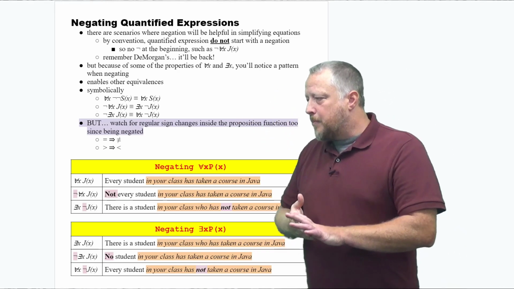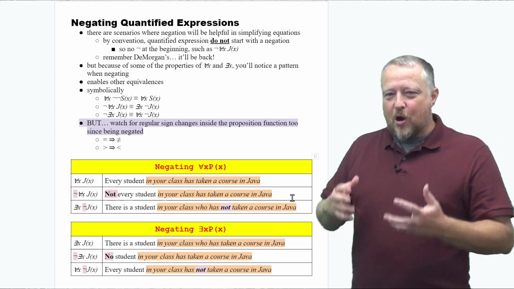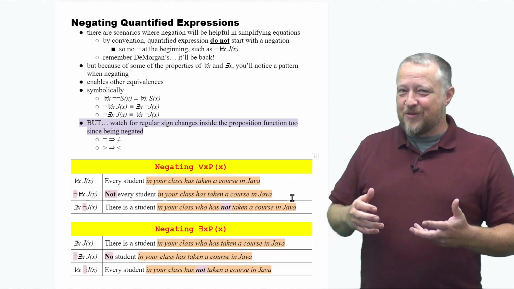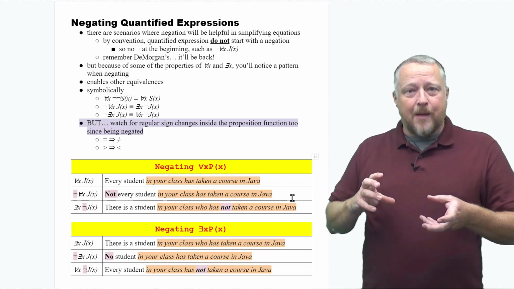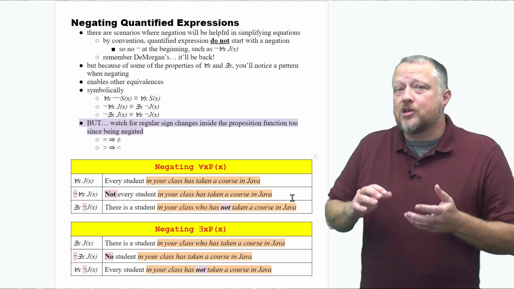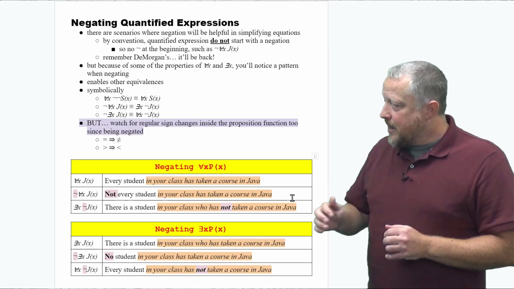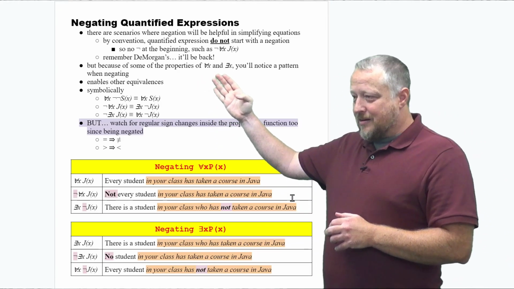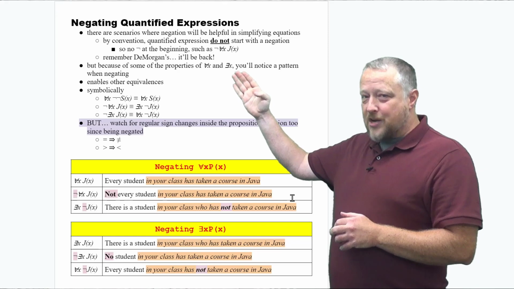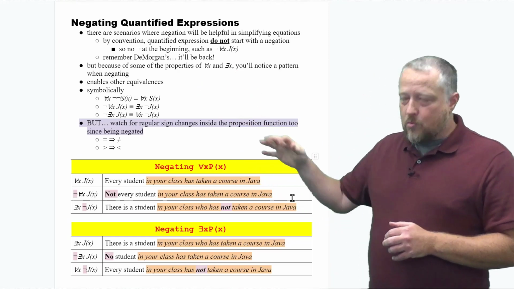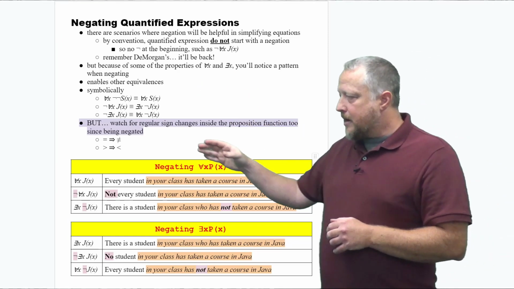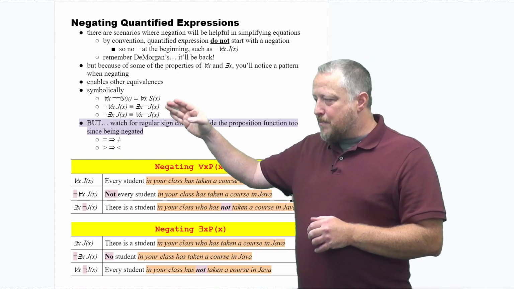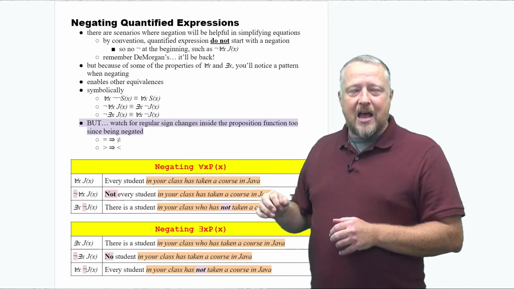Because of some properties called De Morgan's, you've heard that before, we're able to do a very simple switch, and it's going to mean the exact same thing. And if you can believe it, it's going to be switching from our universal to our existential or vice versa. We'll show you that in a second. But also symbolically, you're going to see this happen as well.